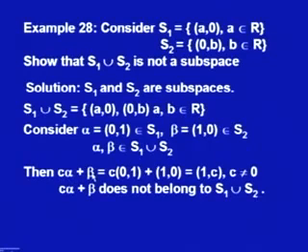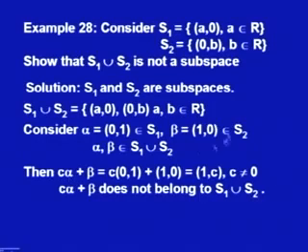C alpha plus beta is C(0, 1) plus (1, 0), which is equal to (1, C), where C is not 0.